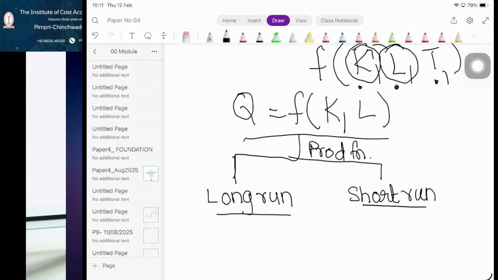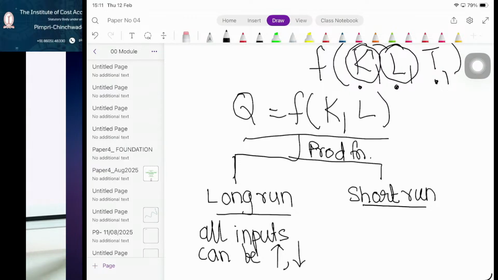Okay, what we mean by long run is where all inputs can be, now see, I'm going to write in a very simple symbolic language, increased or decreased.